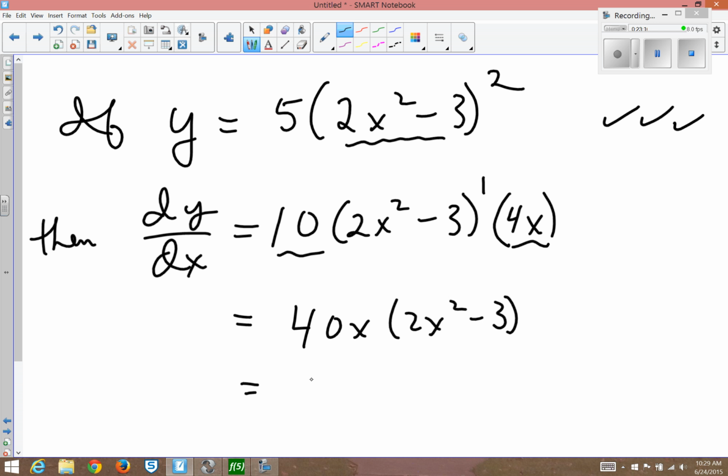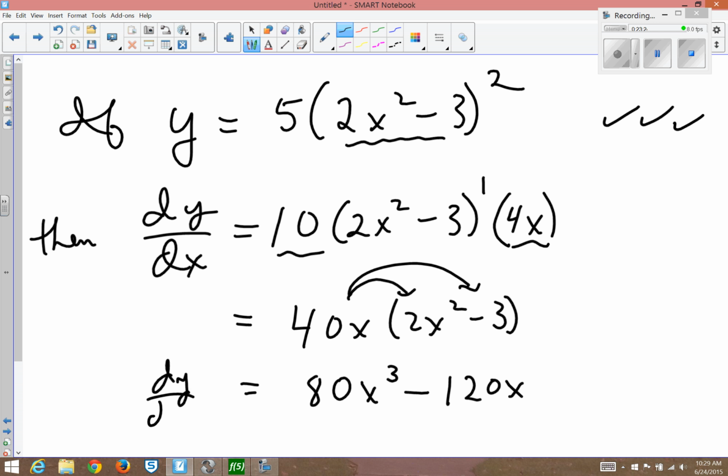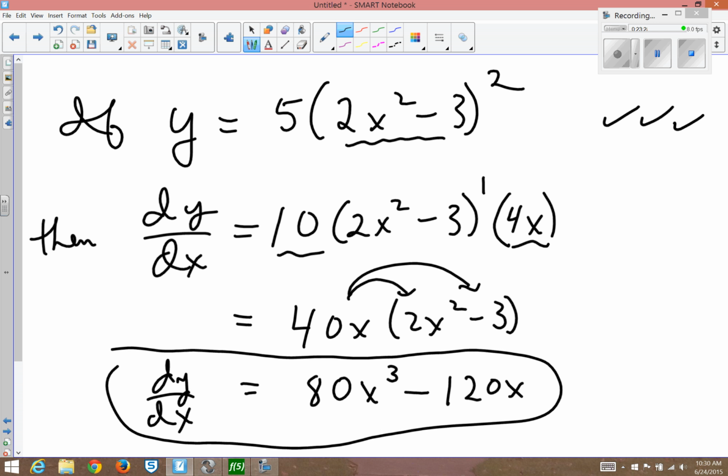Or distributing, it's 80x to the third minus 120x. We call this the chain rule. The four things: 1, 2, 3, 4.